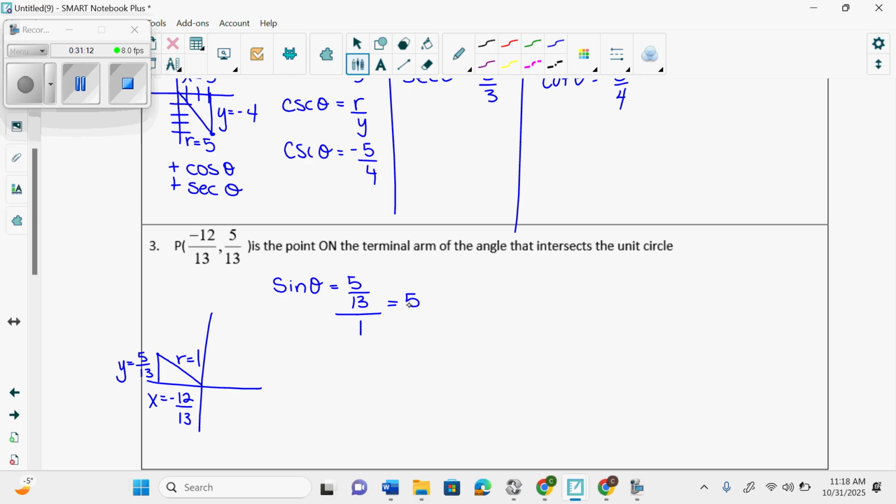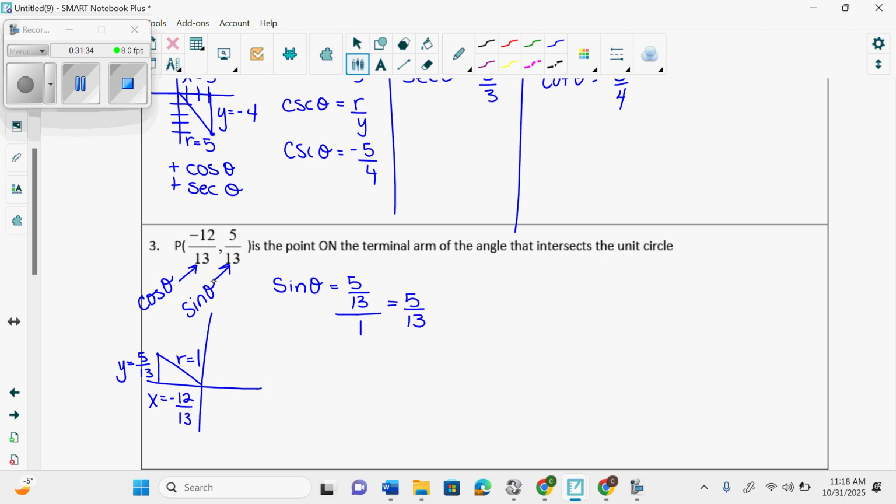Remember I told you if the coordinate isn't on the unit circle, you have to do the trig ratios to find it out. If it is on the unit circle, this is cos theta and this is sine theta, because you're just dividing by a 1. And dividing by a 1, what does it do? Nothing.